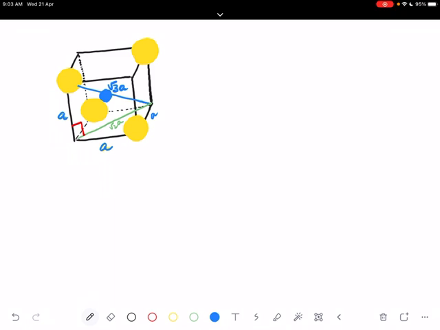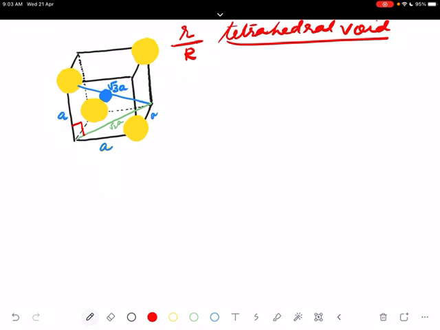Now, using these things, we are going to derive a relation between r and R in the case of a tetrahedral void. Two equations I am going to make.